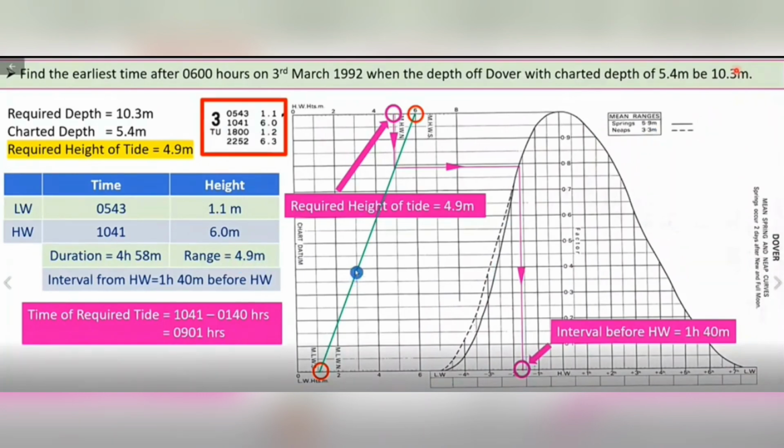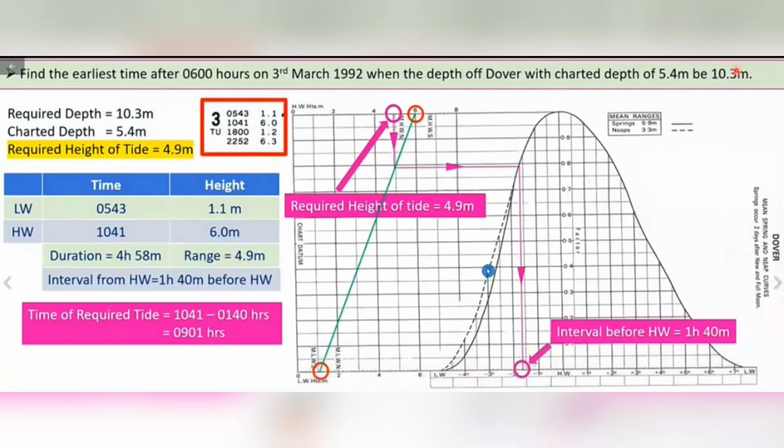So when you go horizontal, the dotted line represents 3.3, solid line represents 5.9. We have to stop at 4.9. So you can do interpolation, visual interpolation will also do, or you can do it by calculator also, and you stop in between these two lines. Right beta? Did you understand?